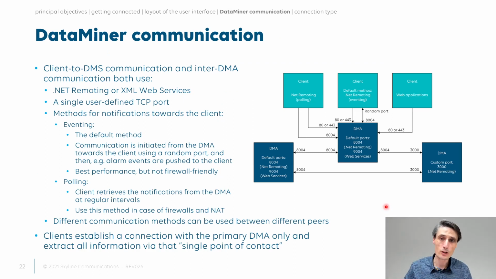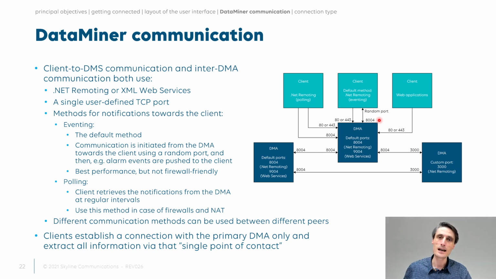Now, before I wrap it up, a small word on the communication, because between the desktop application and the DataMiner server, there is a specific communication called .NET remoting that is being used. So with .NET remoting, you have to be aware that this is using a single user-definable TCP port to do the communication, and that is by default port 8004.